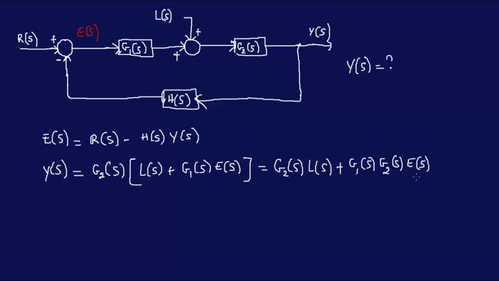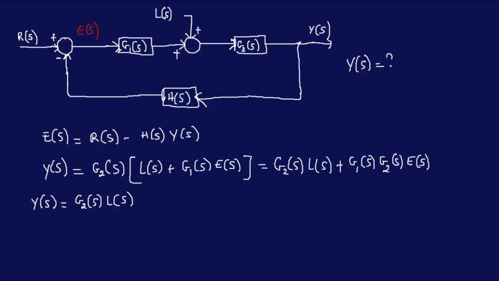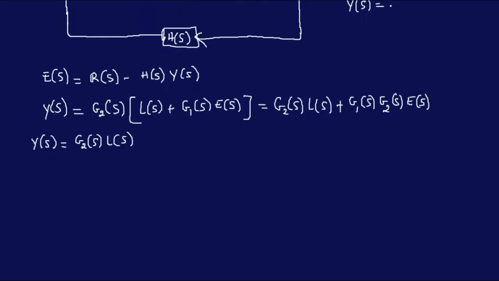Now we can go ahead and replace what we had before for our E of S. So Y of S is equal to G2 of S, L of S, plus G1 of S, G2 of S, multiplied by E of S. What's E of S?